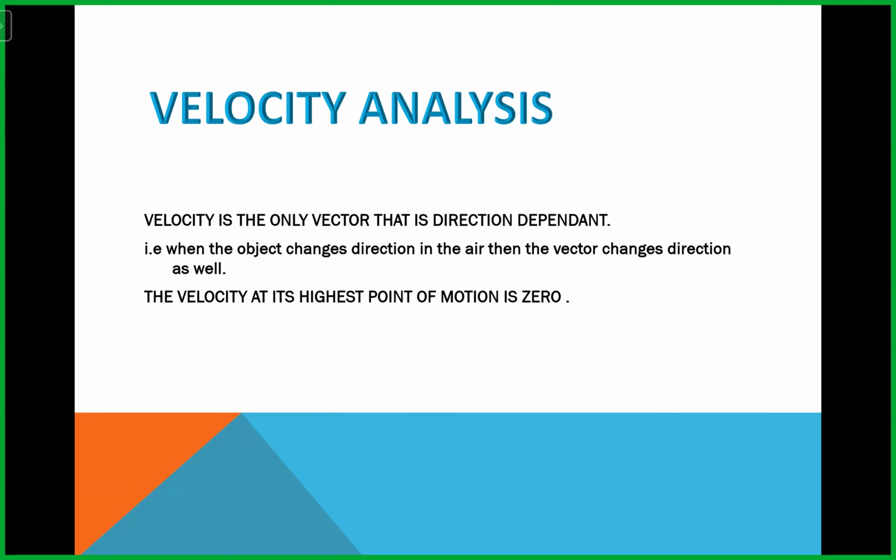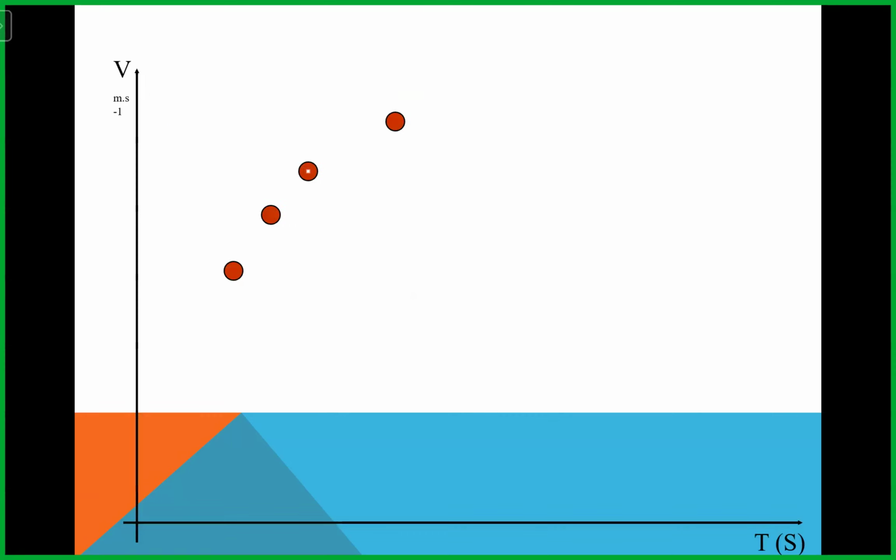It means that if the object is going up, then your velocity vector is upwards. If the object is going down, then your velocity vector is downwards. Now, if you go backwards to displacement, you're going to find that although the object was coming down in the second half of the journey, your displacement vectors were still upwards.